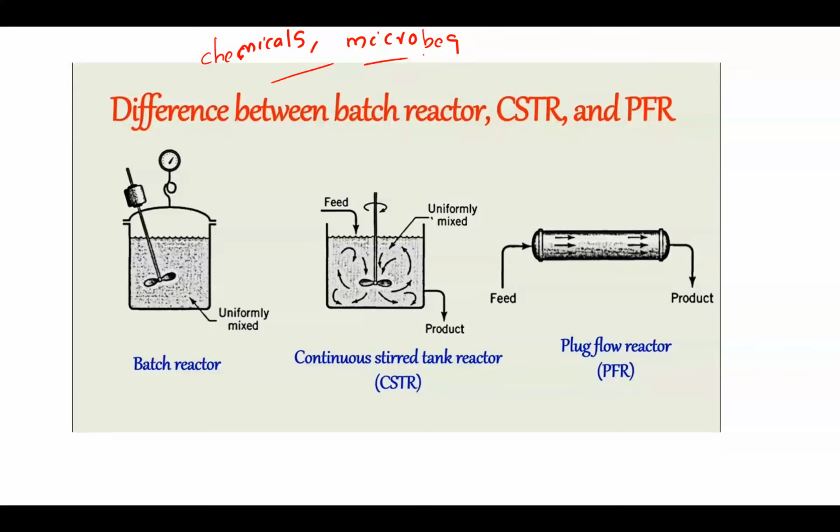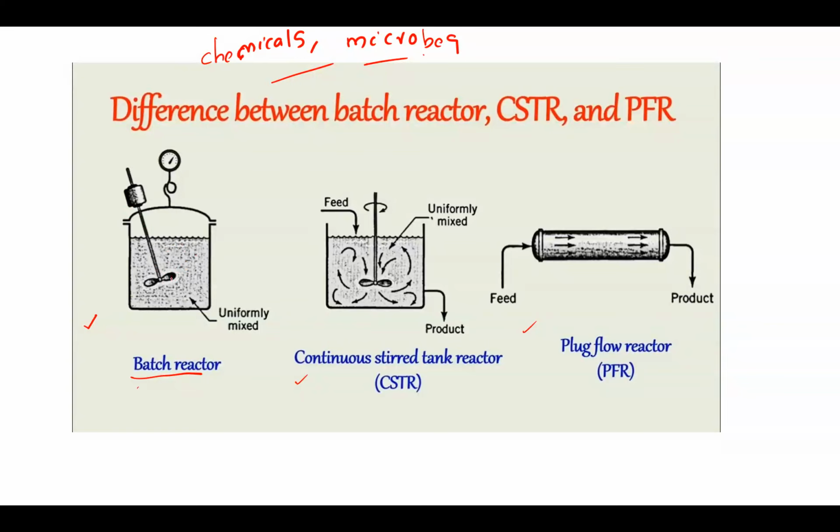Here these three are different types of reactors. You can see the batch reactor, this one is the continuous stirred tank reactor, and this is the plug flow reactor. I think you already heard the detailed lectures on YouTube. Now, in the batch reactor, this is the inlet and this is the outlet, and this is the liquid being handled.